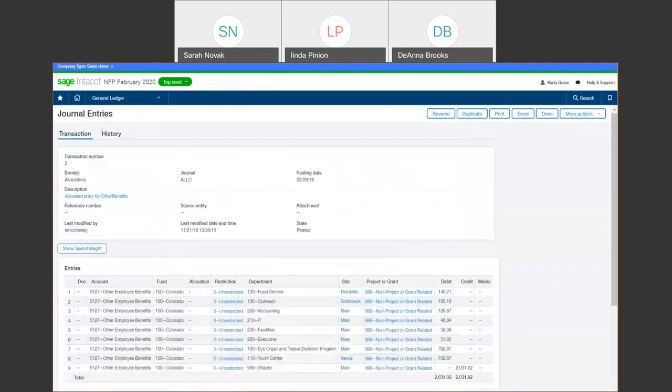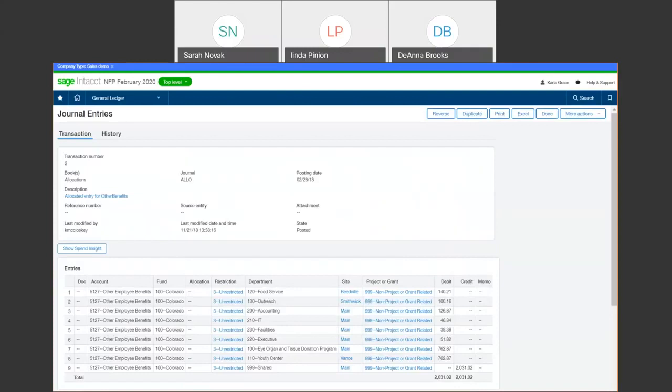And then when the allocation is performed, you're going to get a journal entry that looks something like this. That's going to show you with drill down all the information that's in the journal entry. So you can see this is one that's around other benefits and where I am hitting that 5127 account and fund, and then I'm offsetting that to make my journal entry for this cost allocation.